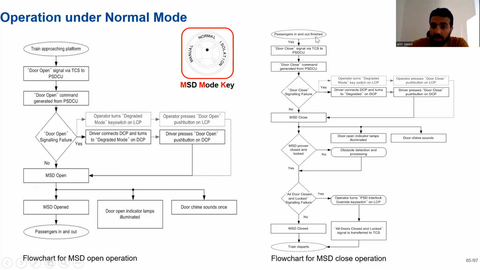And in the closing, the same signal goes from the TCS to the PSDCU to close the MSCD. When everything is okay, the MSCD will close. If there is an issue, the driver will connect to the DCB and control the closing of the doors from the DCB.